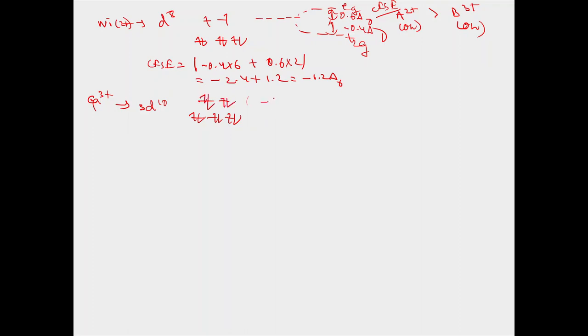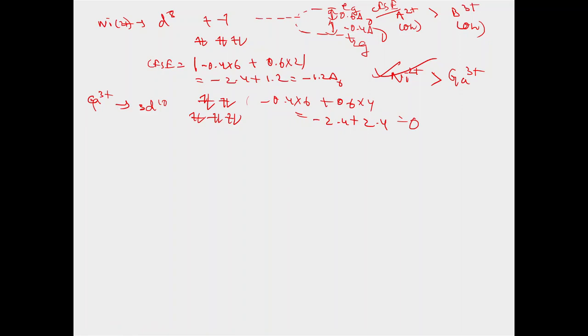And if it is completely filled, that means minus 0.4 into 6 plus 0.6 into 4, that is equal to minus 2.4 plus 2.4, which is equal to 0. So in this case, we can see that nickel 2 plus is having a greater CFSE value than gallium 3 plus. So this option is satisfying the condition for getting that inverse spinel structure.